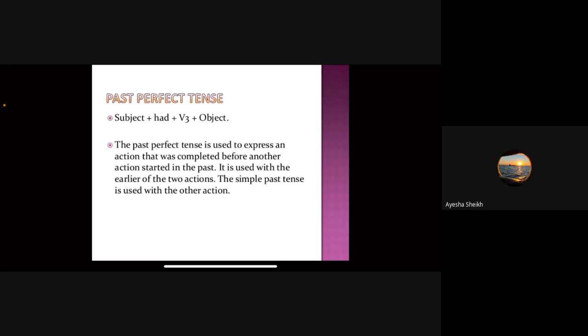So there will be two actions in the sentence: one action which has got over recently, and one action which got over a long time back. With the action which got over a long time back, we will use the past perfect tense. In that format, you have to remember had plus V3, had plus the third form of the verb. Remember that past perfect tense.